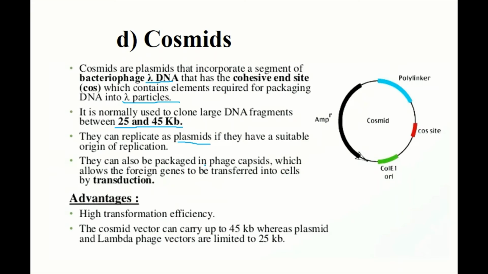They can also be packaged into phage capsids so that they are used as an infection tool, that is through the transduction process, and therefore transfer the foreign genes. They have high transformation efficiency, and we've said they can carry up to 45 kilobases. So this is the additional site called the cos site from the bacteriophage.